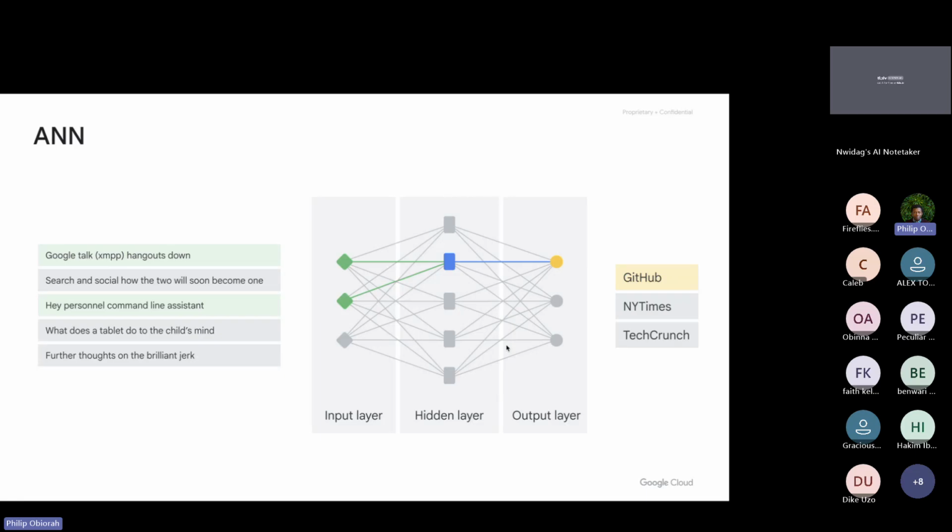So with this artificial neural network, you can see you have the input layer, the hidden layer, and the output layer. This is a visual diagram of an artificial neural network. It's basically how the computer brain learns.